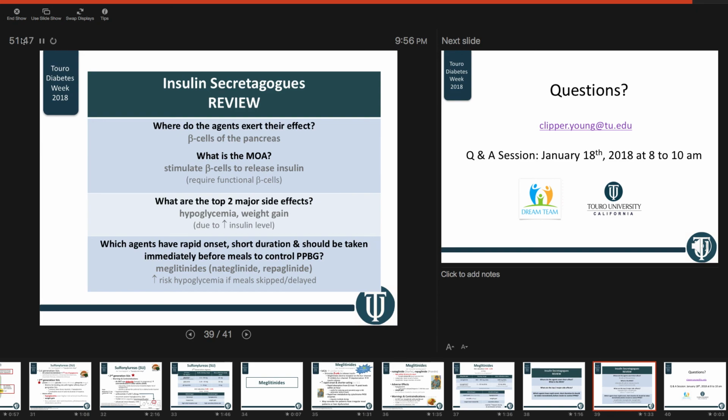However, the bottom line is it requires some baseline functioning of the beta cells. Question 2. What are the top 2 major side effects? They are hypoglycemia and weight gain.